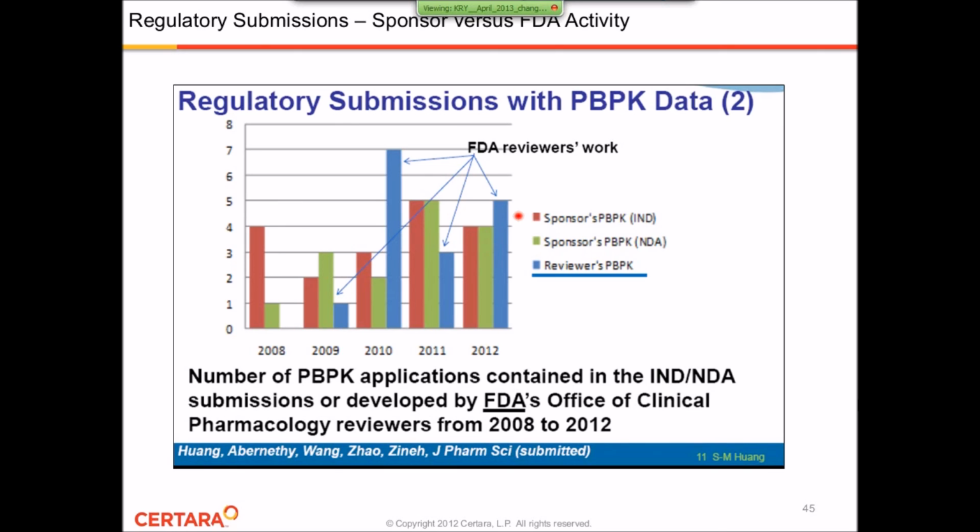But what is really important here is that if submissions weren't done including PBPK modeling, what is happening now is that the reviewers at the FDA are developing PBPK models to explain some of the data themselves. And this certainly, in my view, lends further support that the FDA is endorsing the application of PBPK modeling during drug development. And certainly, if you aren't looking at it, they will be looking at it, to answer some of the questions.